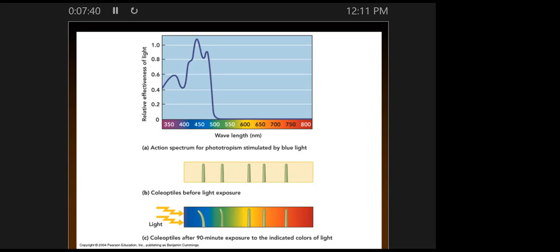So since then, they've discovered there's other pigments and proteins in the plant that are cueing into different wavelengths. And then that information is important to them. They're using that as a way to respond, hopefully appropriately, to what's going on in their environment.